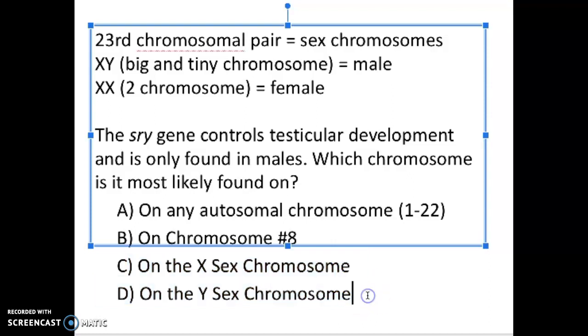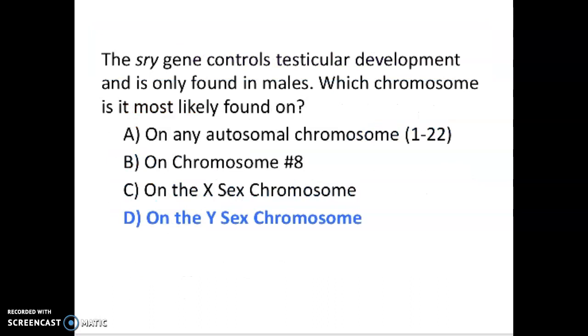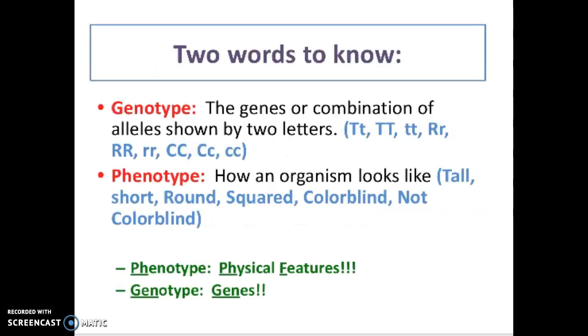And so because it's only found in males and males only have the Y, and females don't have that, that's why the answer is going to be D. This gene is found in the Y sex chromosome since females don't have a Y and only males do, so that makes sense. Okay, so that was meant to be a tough question, a critical thinking question. And if I wanted to go further, I'd ask you to justify your reasoning under this question.